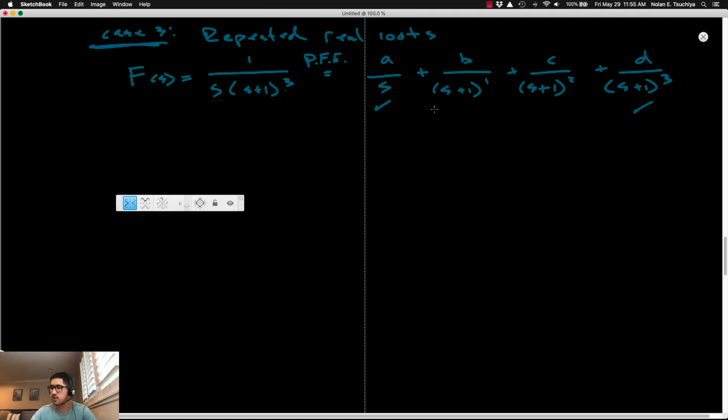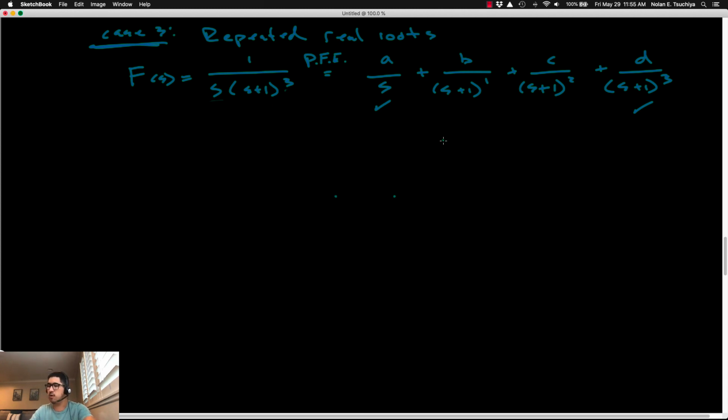But for all of these intermediate terms, B and C, you will find that if you try to use a cover-up method, you will not be able to algebraically isolate B or C. It's impossible to do. Okay, so the full example of how that happens is in the notes, but I encourage you to try it if you feel like you may be able to use a cover-up method to find B and C. You will find that, unfortunately, you cannot do that. Okay, so the distinct term and the terminal term you can get from cover-up, and so I'll just state what they are here.